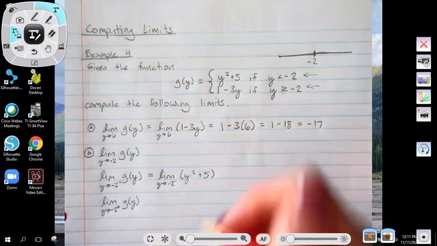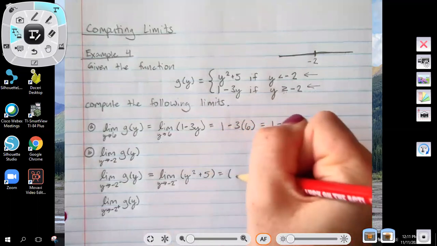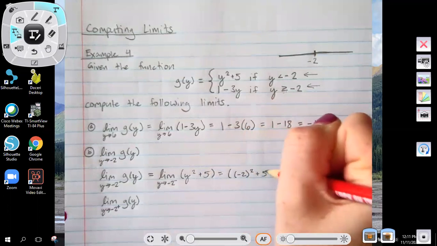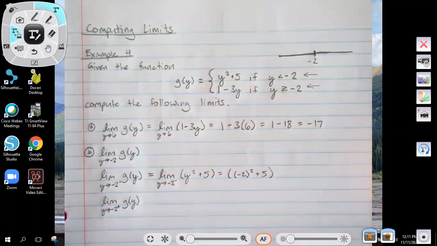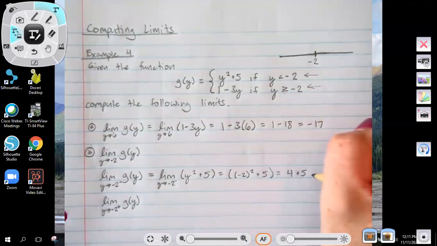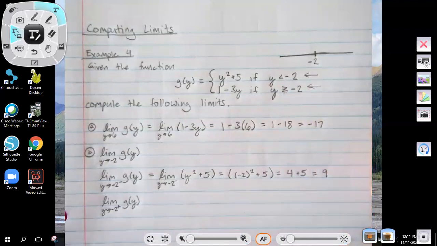Then we just plug in our value, negative 2. So we have negative 2 squared plus 5. If we do that math, negative 2 squared is 4, plus 5 is 9.